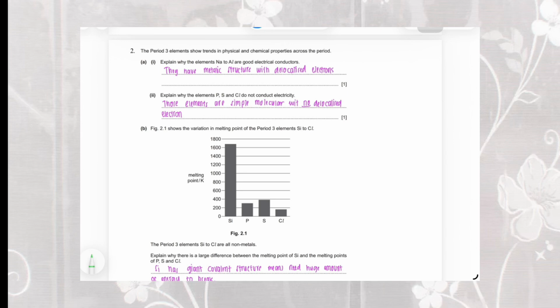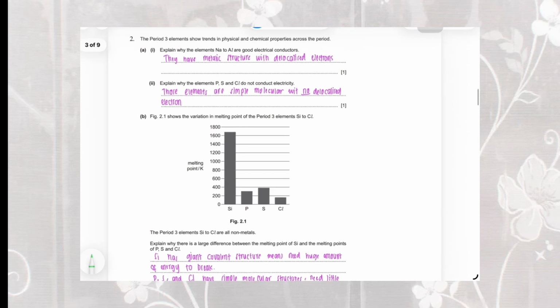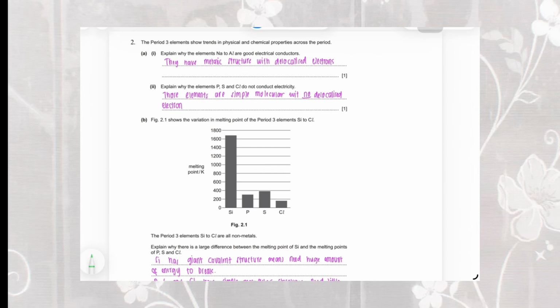Answer: it's because Na to Al have a metallic structure with delocalized electrons. A2. Explain why the elements P, S, and Cl do not conduct electricity. P, S, and Cl have simple molecular structures with no delocalized electrons.